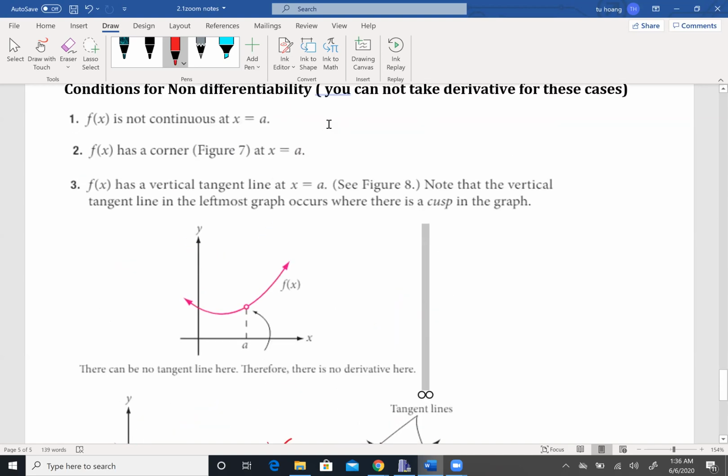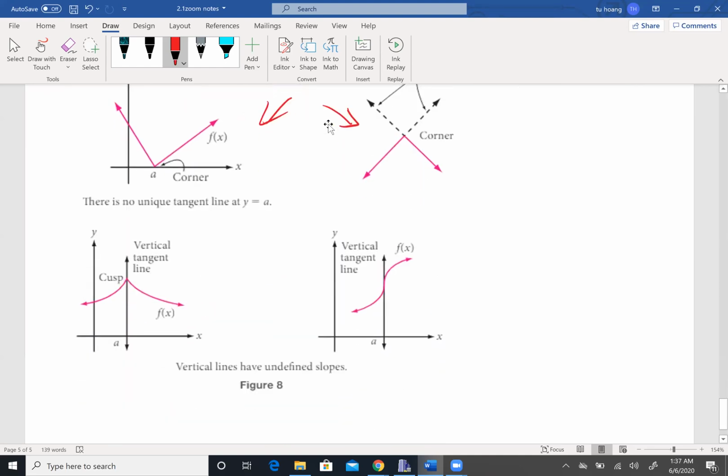And the last one is f(x) has a vertical tangent line at x equal to a. Note that the vertical tangent line in the leftmost graph occurs where there is a curve in the graph. So look at figure 8 here.